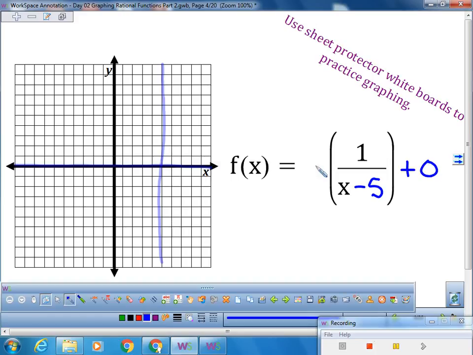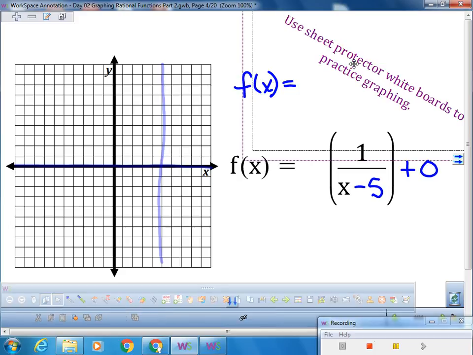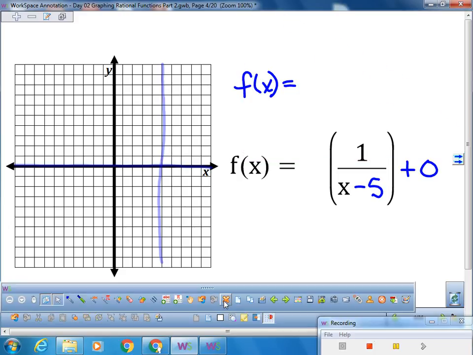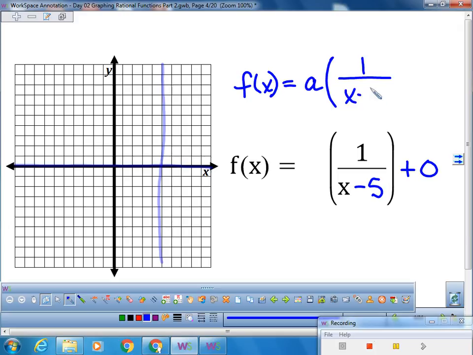My a, if we looked at this as f of x equals, this is my standard form, a over x minus my horizontal shift plus my vertical shift. So there is no vertical shift, and my a, there's nothing out in front of here, so it's not a 0, because 0 times anything is 0, it's a 1.